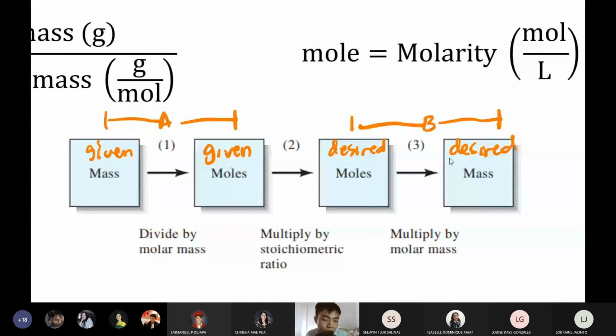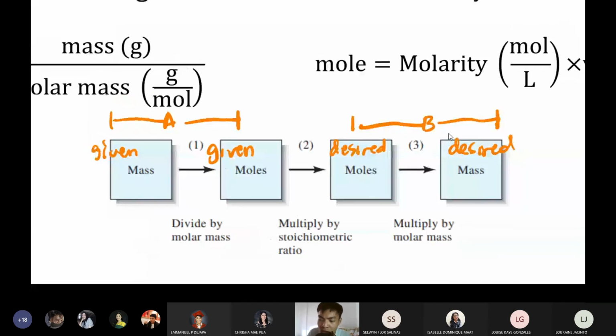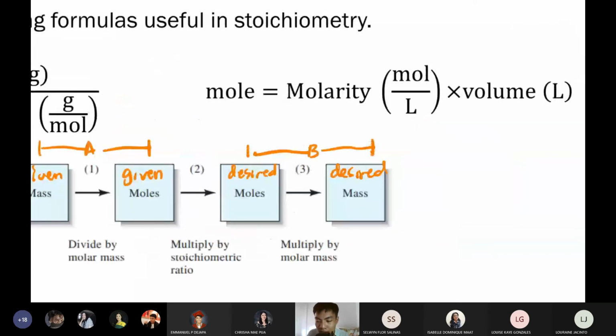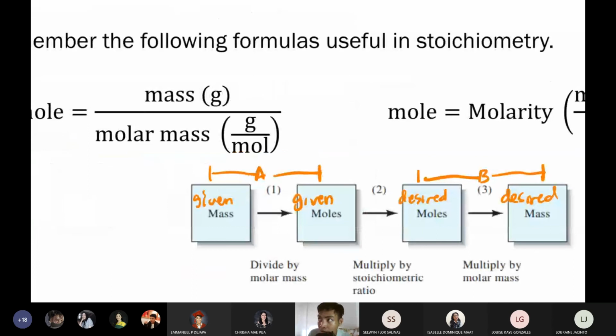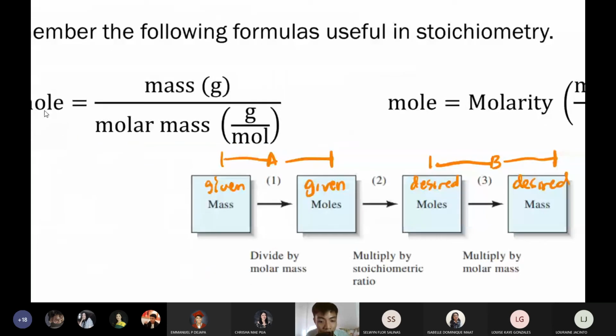Pero the rest, ano lang yan? Mass-mole relationship. Pero since na-discuss natin yung molarity, we can also solve for the moles of the substance using molarity. You just have to multiply the molarity and the volume in liters. Pag pinag-multiply mo to, you will get mole. Pag mass naman yung given, you divide it by molar mass, you will get mole. Okay?